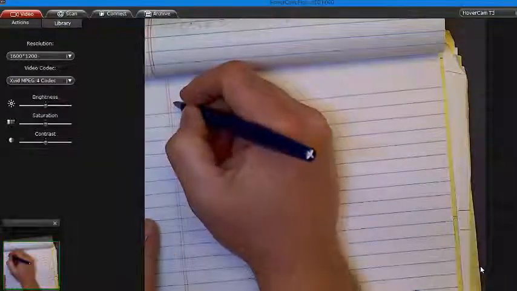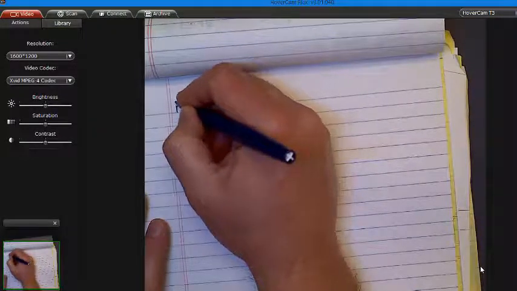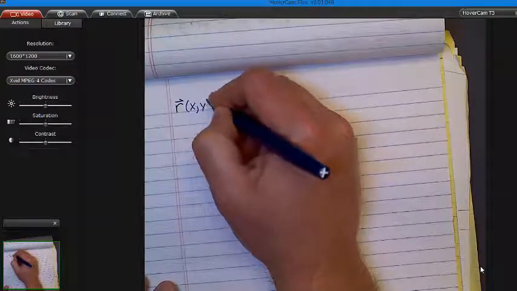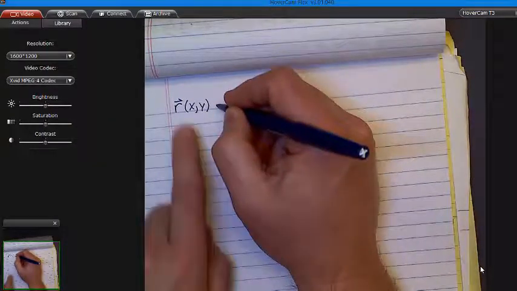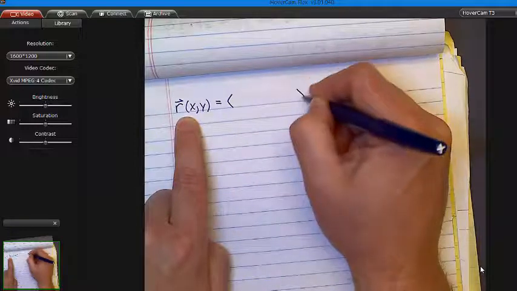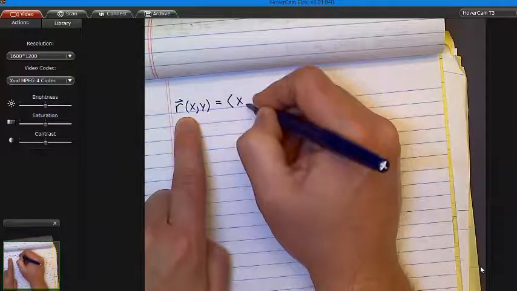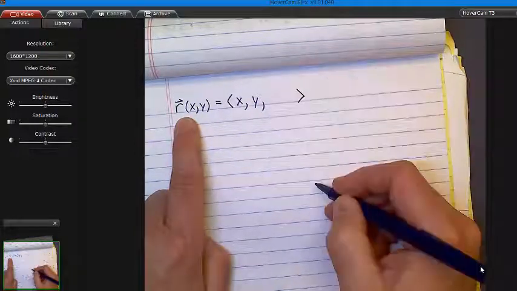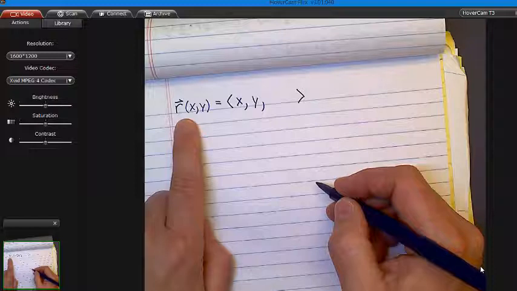Here. I wrote down r. Instead of using the u's and v's, let's stick with the x's and y's. Because like I said, why change letters? But I really do want to write it as a vector. And I can do that if I say, well, we have x, that's the x coordinate. We have y, that's the y coordinate. And we have z, but I already solved for z.